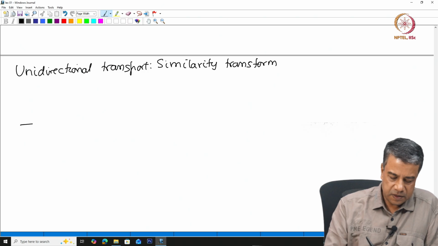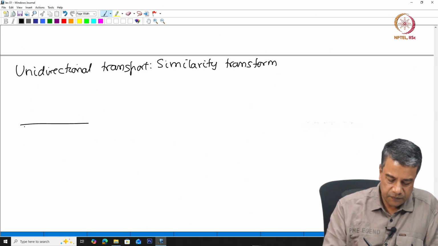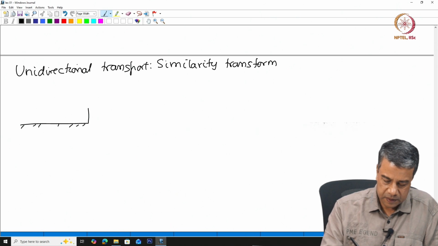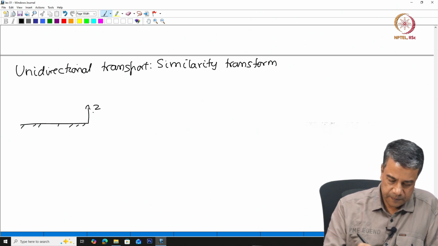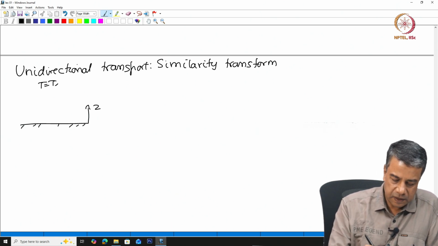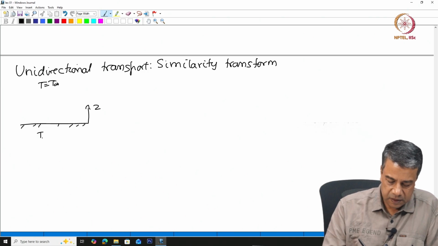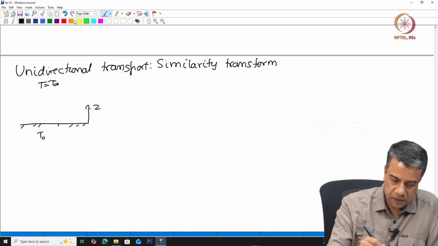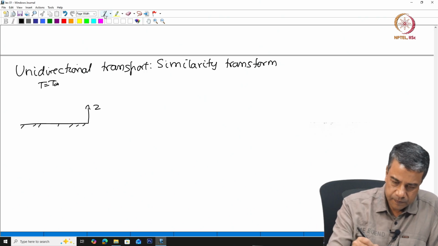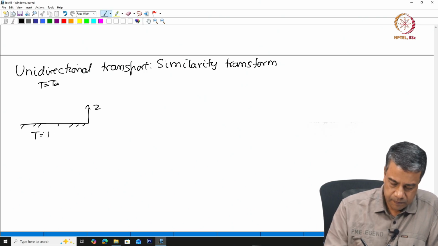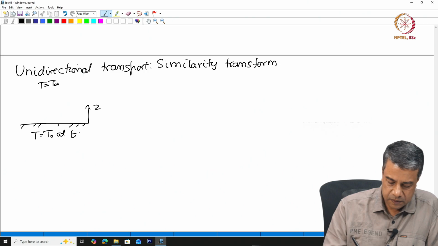The first one was diffusion from a surface into an infinite film in the z direction, where T was equal to T infinity far from the surface, and the temperature was increased to T naught at the surface at t equal to 0.